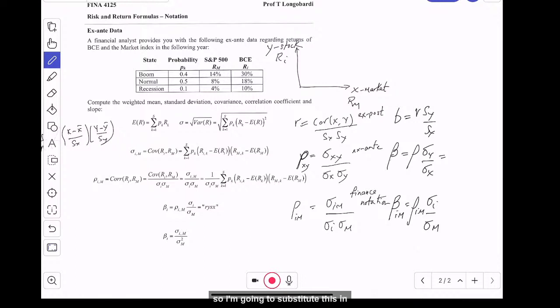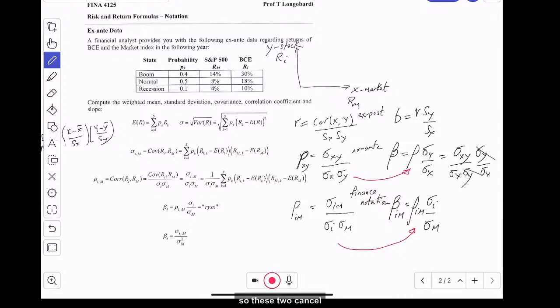So I'm going to substitute this in, and you'll see this will give sigma xy, so the covariance, sigma y, I'm just recopying this thing, but then sigma x, sigma y.